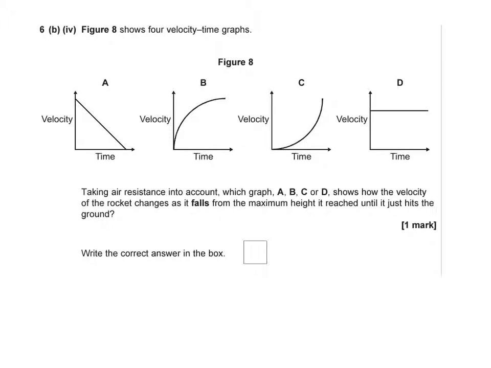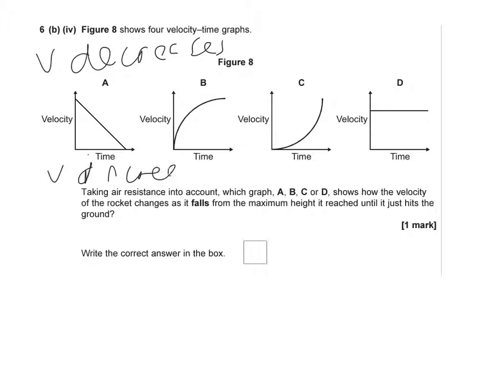Question 6b part 4 says figure 8 shows 4 velocity time graphs A, B, C and D. It says taking air resistance into account, which graph A, B, C or D shows how the velocity of the rocket changes as it falls from the maximum height it reached until it just hits the ground. Looking at the graphs, in A we see that V decreases. In B, V is increasing, but the rate of increase gets less with time.